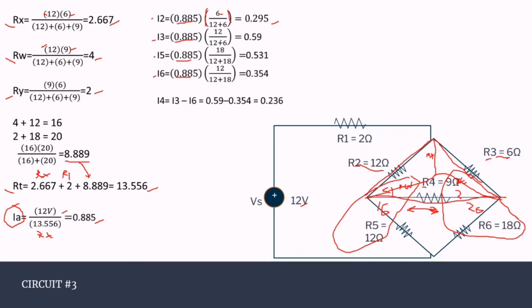Then for our I3, the opposite of R2 is equal to 12. 12 will be our numerator over 12 and 6. 12 and 6 is equal to 0.59. For our I5, R5, opposite of R6, is equal to 18.